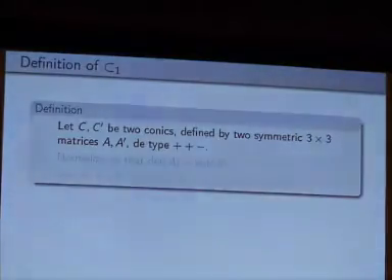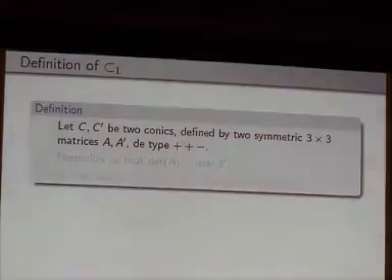The equation is given by a symmetric 3 by 3 matrix. If the conic is not empty, it means that the symmetric matrix should have 2 positive eigenvalues and 1 negative. Okay? So the point is that a given conic has many equations.